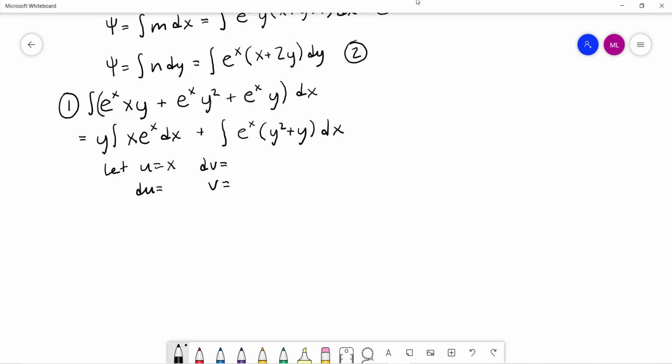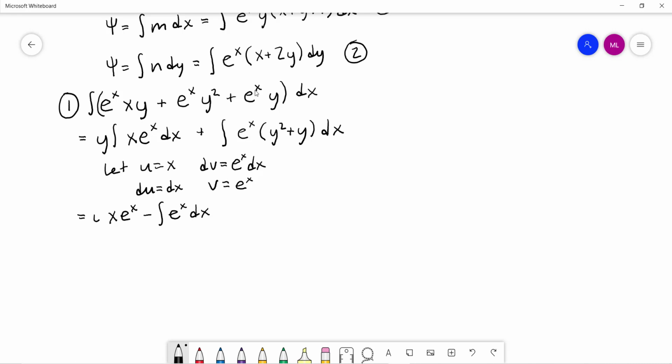So u is going to be x, dv is going to be e to the x dx. The du term is then going to be dx, and v will just be e to the x, doing this integral and this derivative. And so the first integral will be x e to the x minus the integral of v du, so e to the x dx. So this is the result of working on this piece over here.